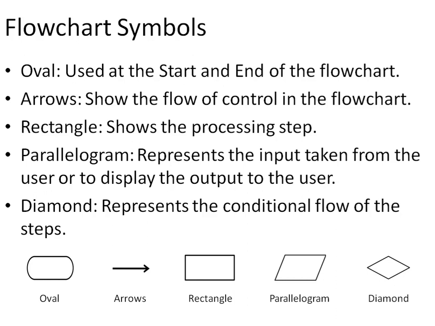That is, the path to be followed is dependent on the condition being true or false. There are several other symbols which are used in flowcharts, and here we have just introduced a few. Those who are interested may explore the same.